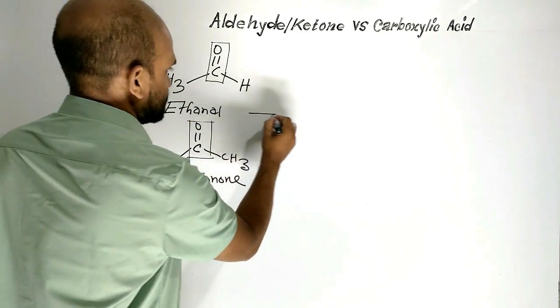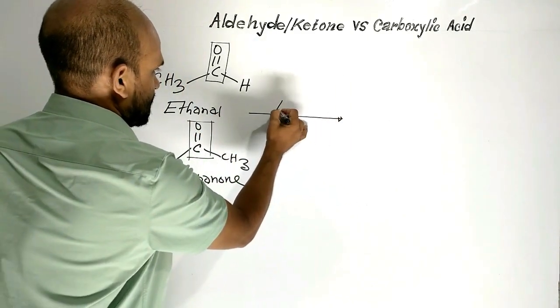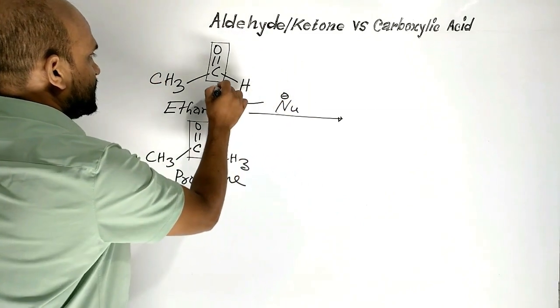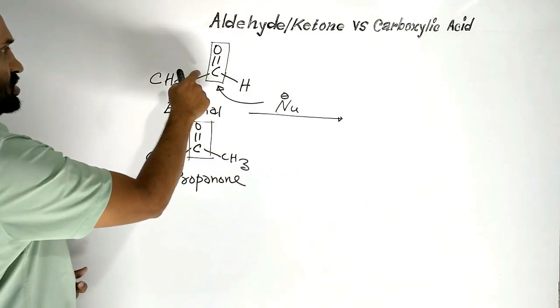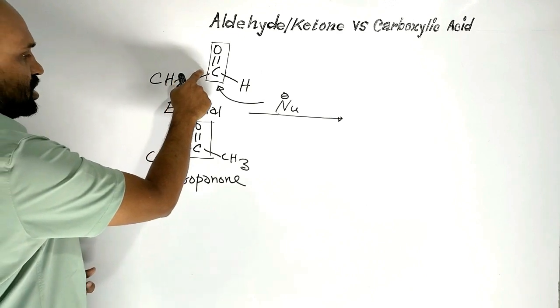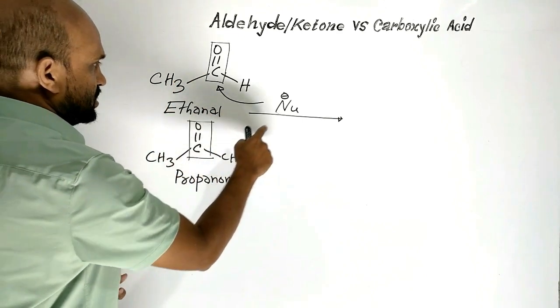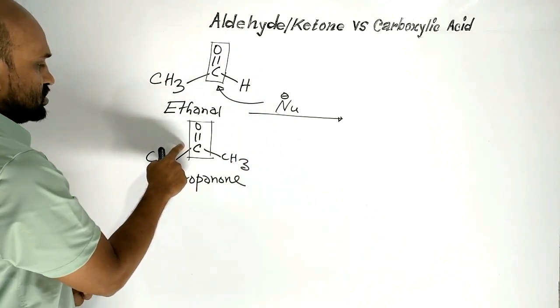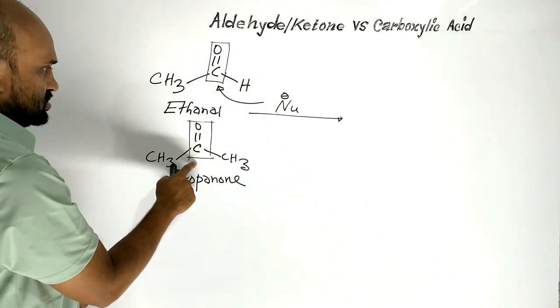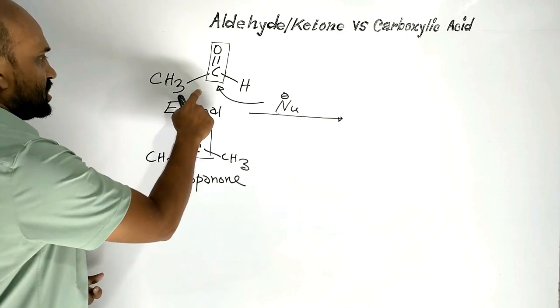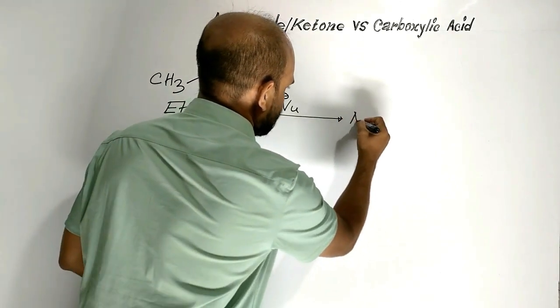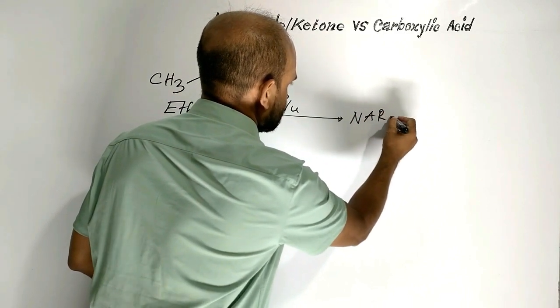Aldehyde and ketone undergo nucleophilic addition reaction to the carbonyl carbon. Similarly, a nucleophile combines with the carbonyl carbon of the ketone. That is, simply, aldehyde and ketone undergo nucleophilic addition reactions.